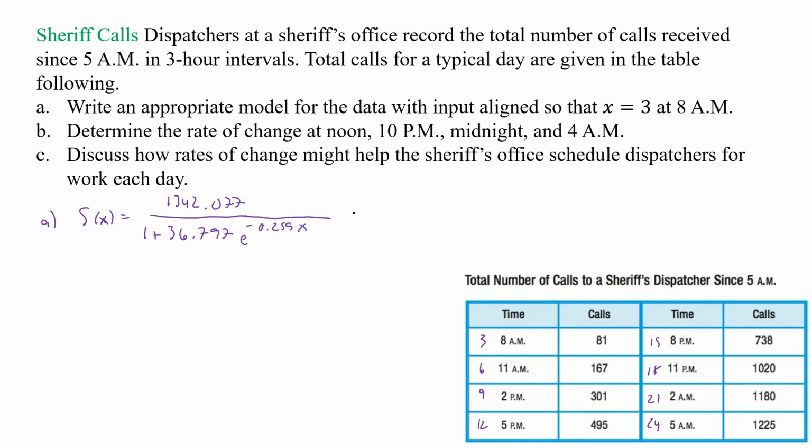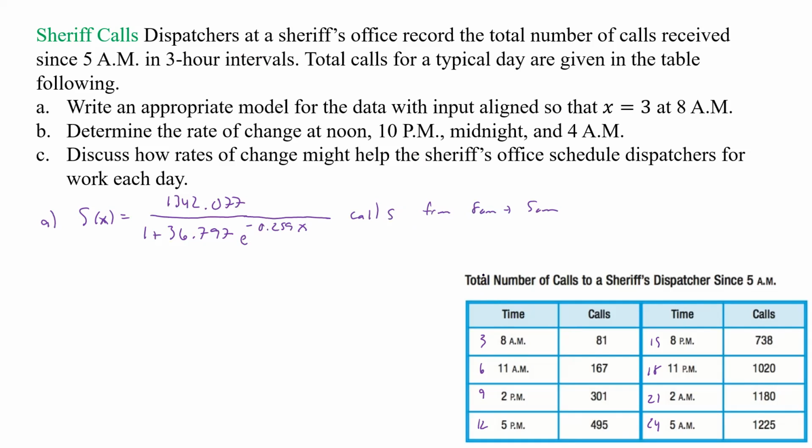And that's going to be the number of calls received in the 24-hour period. So we'll just label it as calls, and again, it's from 5 a.m. to basically 5 a.m., so 24 hours there.